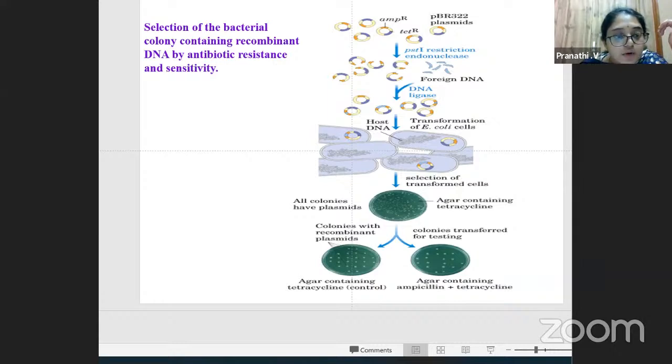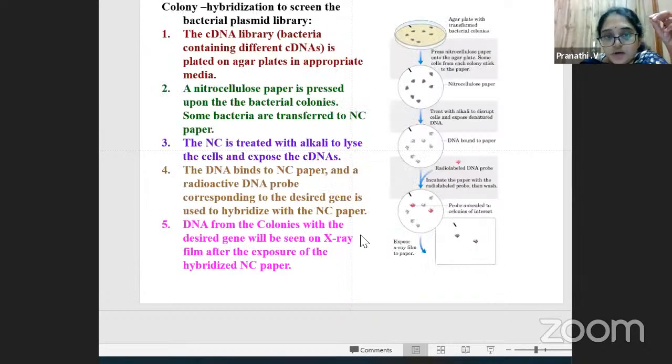This causes the labeled DNA to be seen on an X-ray film. So this is known as autoradiography, or the replica plating technique, also called nucleic acid hybridization and autoradiography. These are the steps.